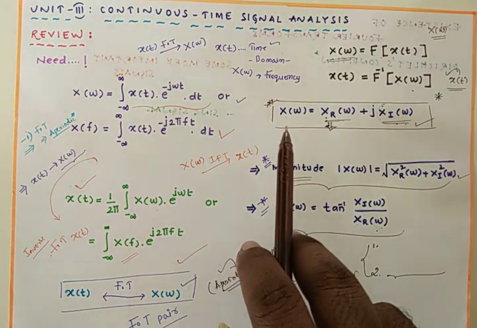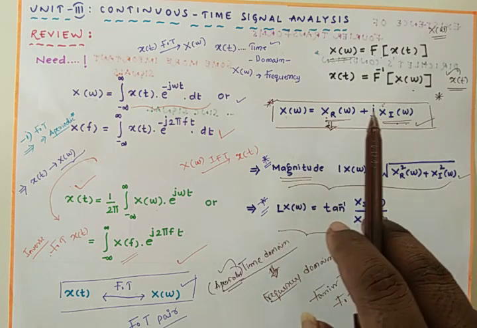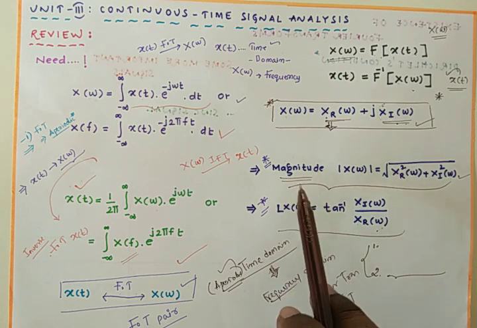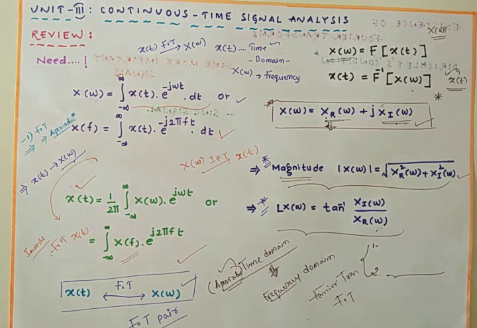After calculating the Fourier transform, we will get x of omega, which is a complex valued function of omega. From that we can calculate the magnitude and the phase. Magnitude: modulus of x of omega is equal to the square root of xr squared of omega plus xi squared of omega, where xr of omega is the real part and xi of omega is the imaginary part.